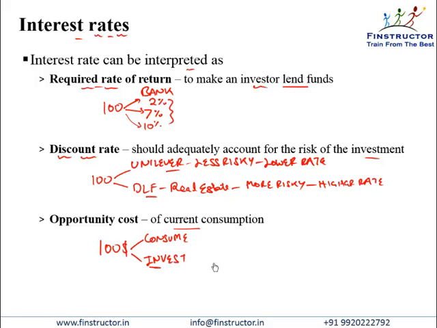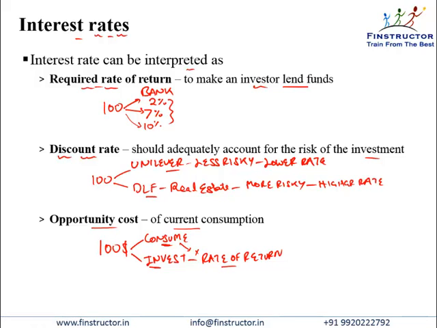If we invest the $100, we will get the interest rate, or a rate of return. If we choose to consume it, then we will give up this interest rate. So the interest rate can be thought of as the opportunity cost of consumption. That is, if you consume, you give up the rate of return.